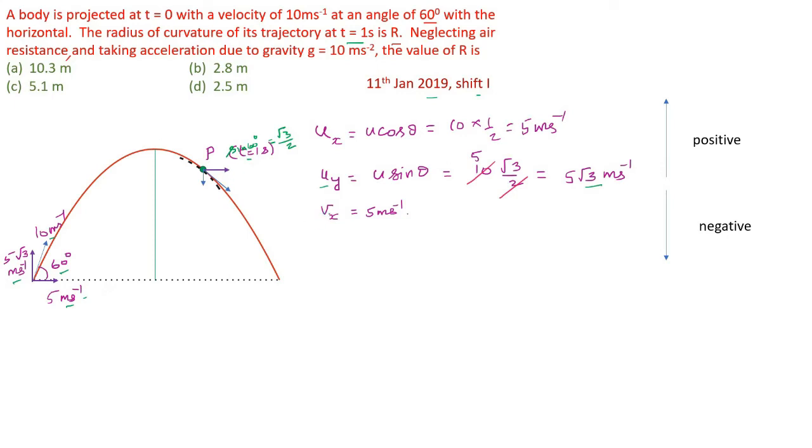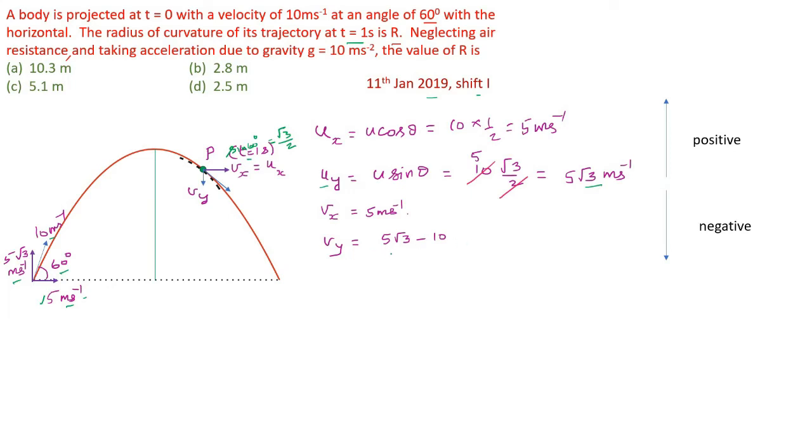Vx is 5 meter per second, which will be the same as the horizontal velocity initially. Then what is Vy? Use the equation of motion for finding Vy, V equal to u plus at.